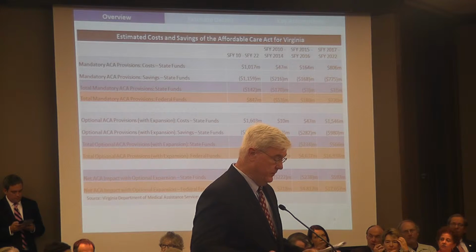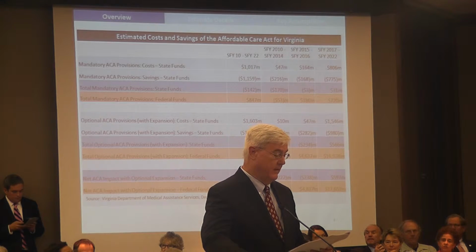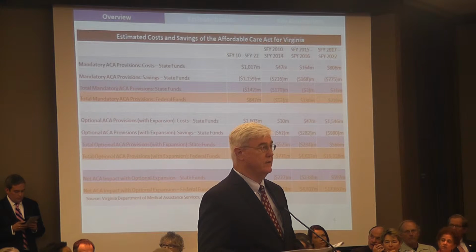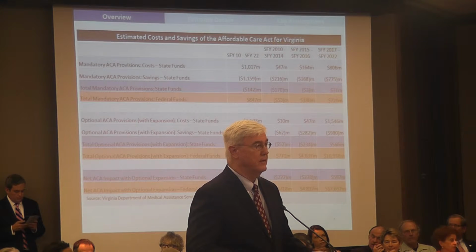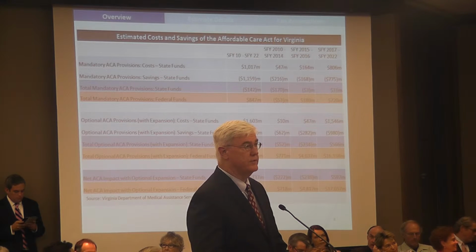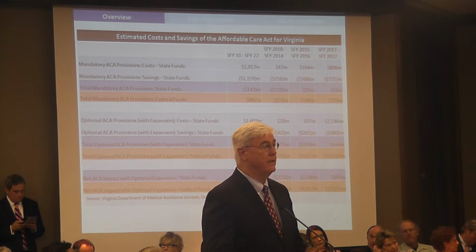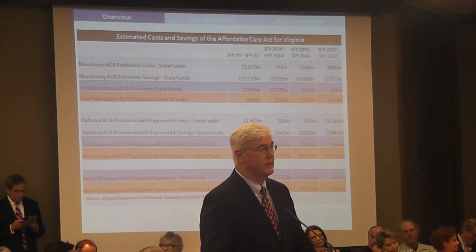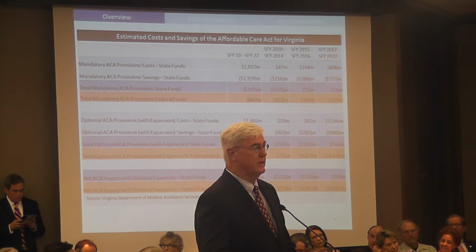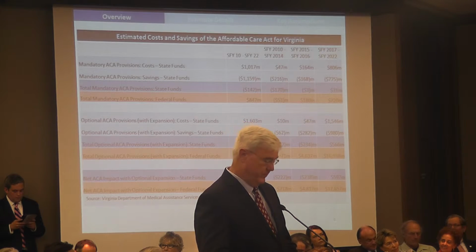In the second light blue line, the ACA generates savings for the state that are actually slightly larger than the costs, and we'll go into more detail in a couple of slides about where those savings come from. The net effect of the mandatory provisions is savings of about $142 million over the entire 13-year time period.